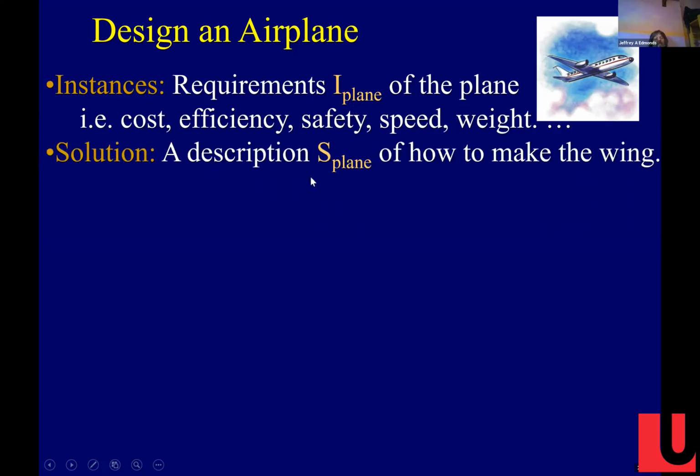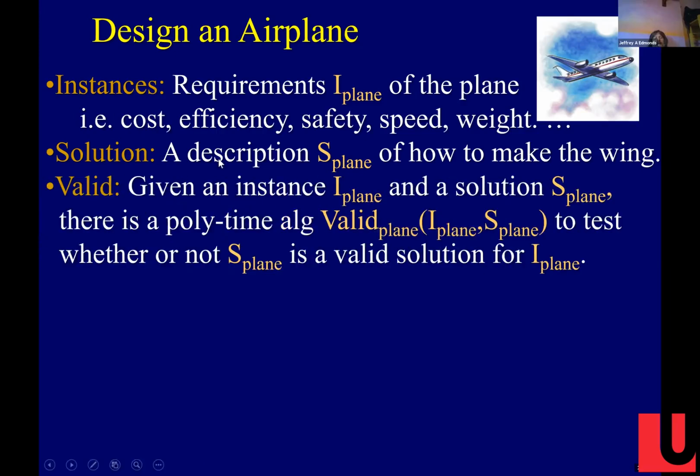And what is a solution? A solution tells you how to actually build it. I'm going to assume that if somebody gave me a solution, I could test whether or not it was a good solution. So I have a program called valid, and that program runs in polytime, and maybe it is written in Java.